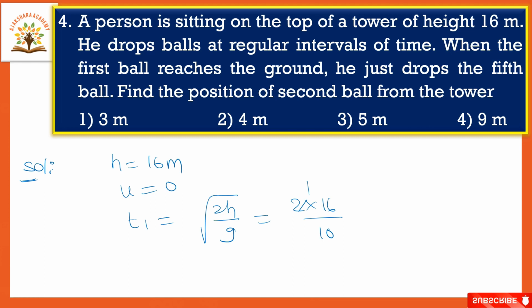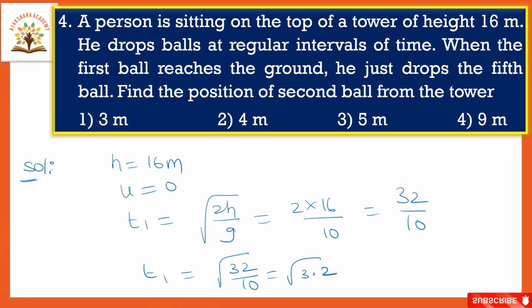So 2 ones 2, 16 into 2 by 10, that is 32 by 10. So T1 = 32/10, nothing but √3.2. So √3.2 is equal to 1.8 seconds. So T1 we are getting 1.8 seconds.